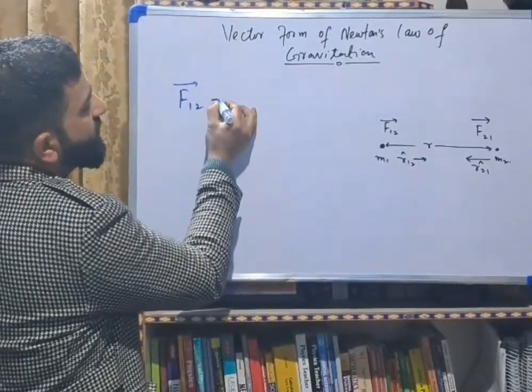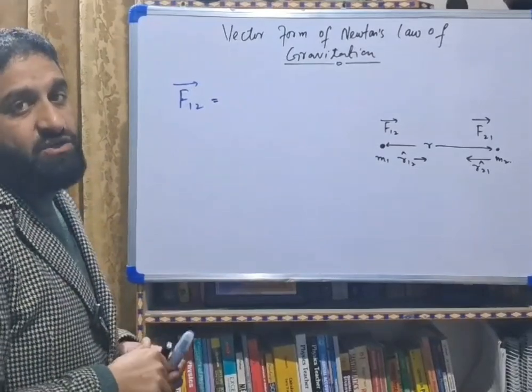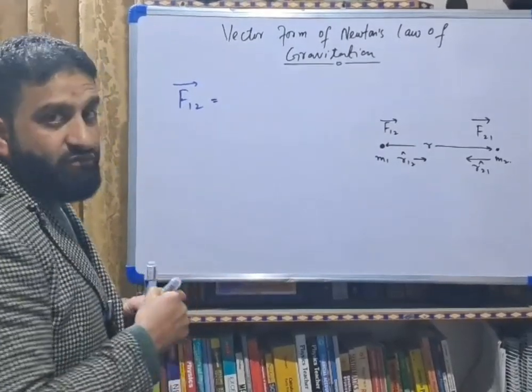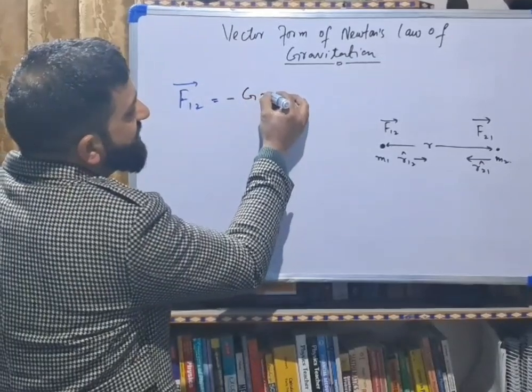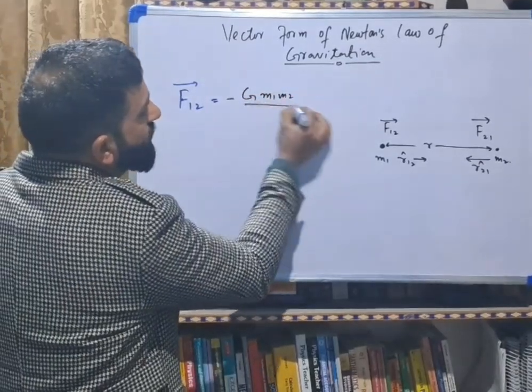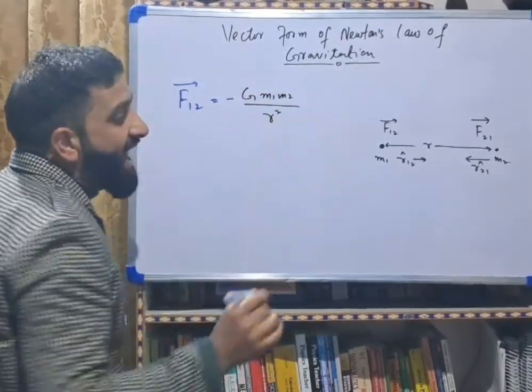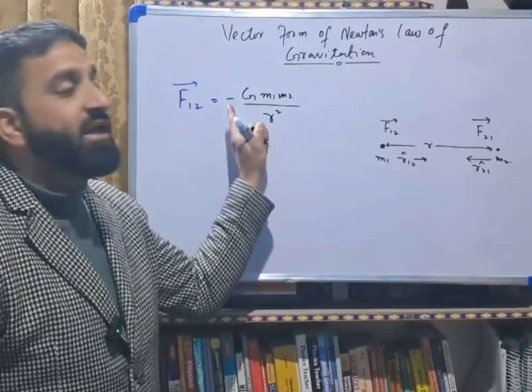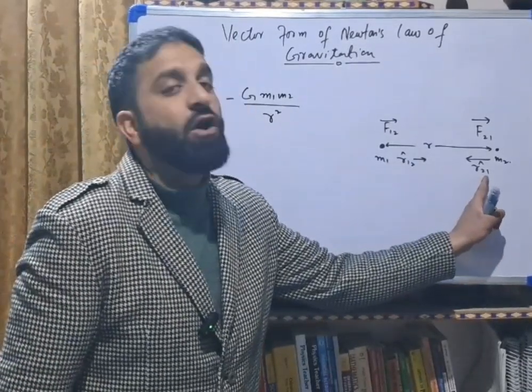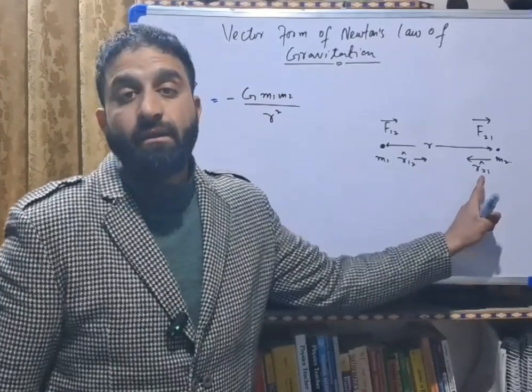Now F12, as it is attractive in nature, we have to introduce a negative sign. F12 is equal to minus G m1 m2 divided by r square. As the direction is r12, but we have introduced a negative sign, we have to take the direction of r21.